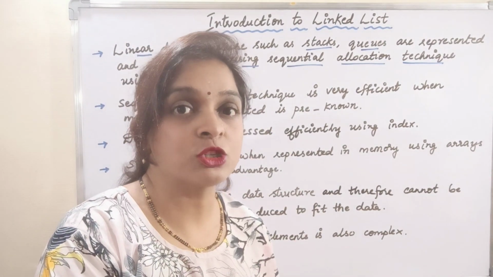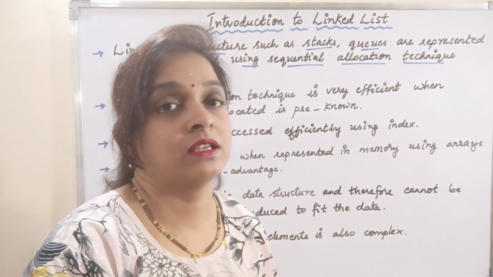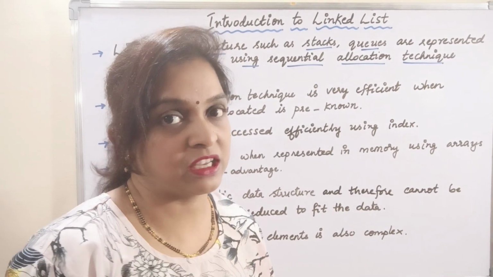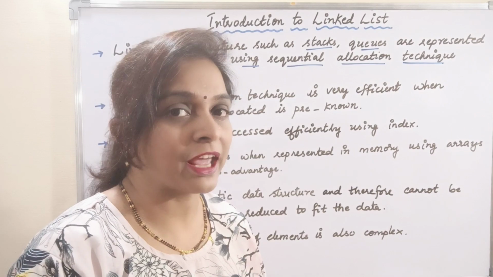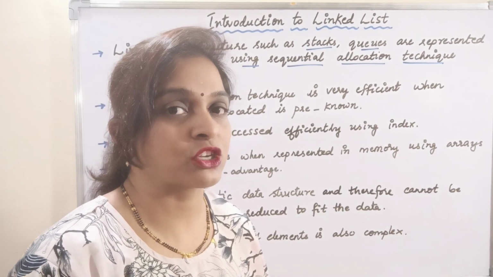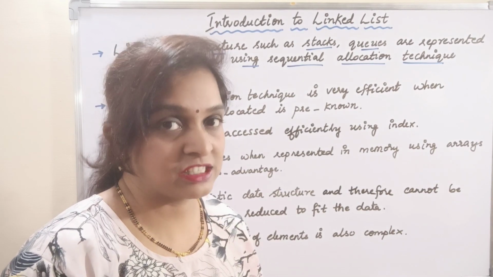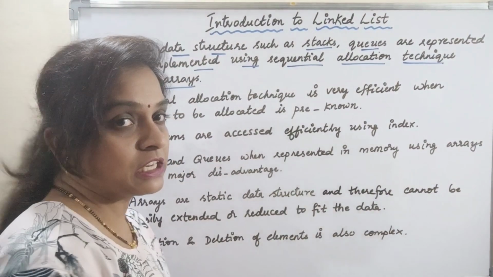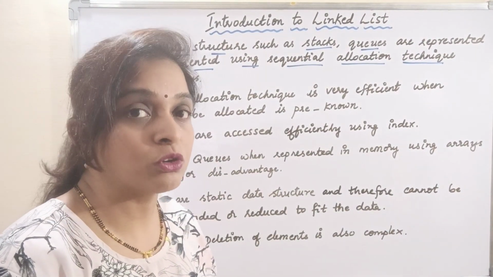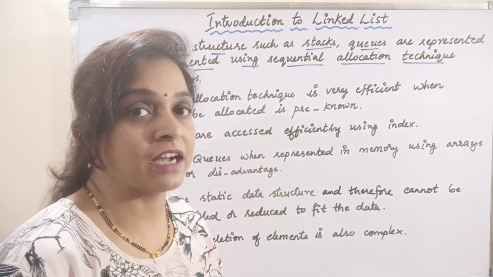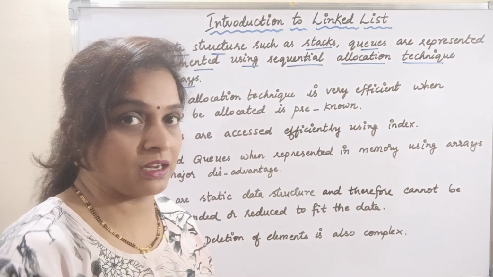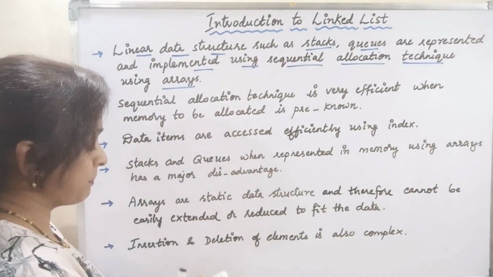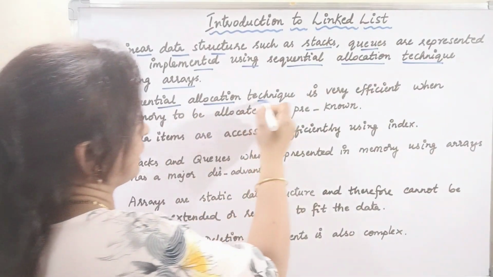Why do we need to switch over from static representation to dynamic representation? Let's have a fast glance at what static allocation and dynamic allocation are. We have seen stacks and queues, and how to represent them inside the computer's memory using arrays, that is static representation. What happens in the sequential allocation technique?